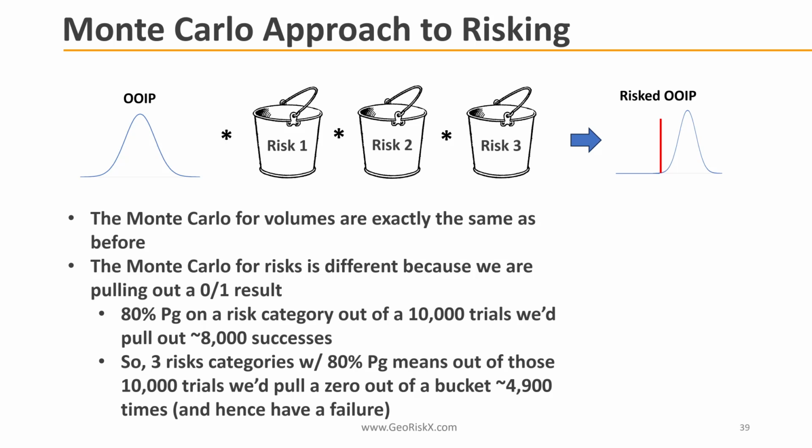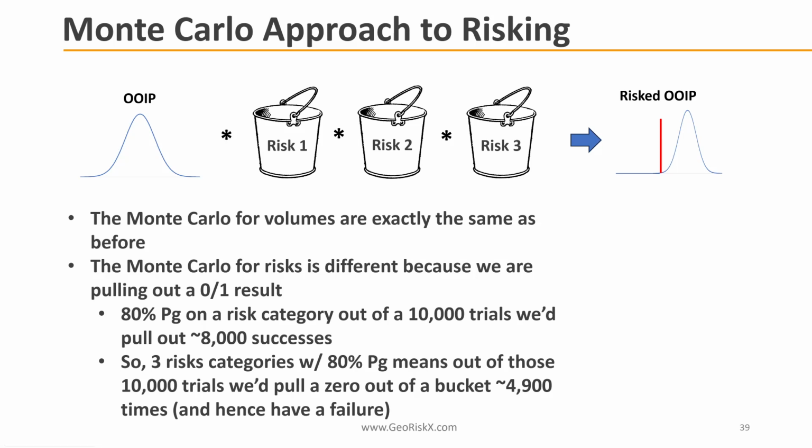So if we think about that, for each of these buckets, let's say each of them has an 80% chance of success. Well, that means if we run 10,000 trials, we're going to pull 8,000 successes out of bucket 1, 8,000 successes out of bucket 2, and 8,000 successes out of bucket 3.